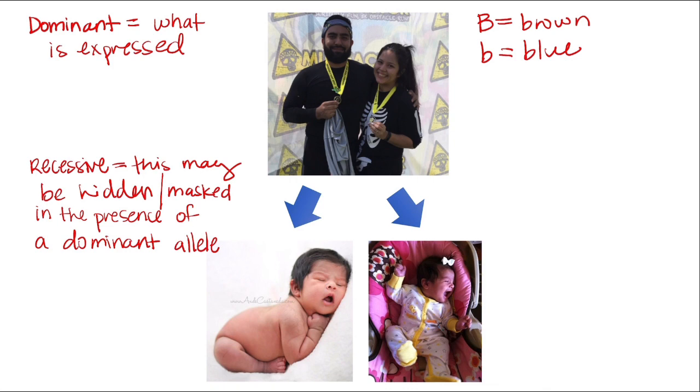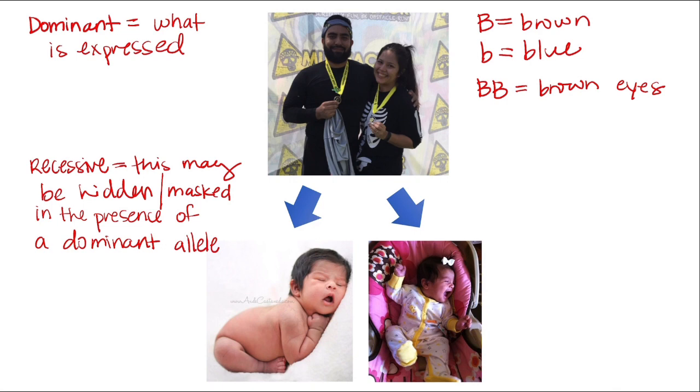Because you get one version of the gene from mom and one version of the gene from dad, you can end up with a few different combinations. If you have two dominant copies of that allele, then that person or that baby is going to end up with brown eyes.